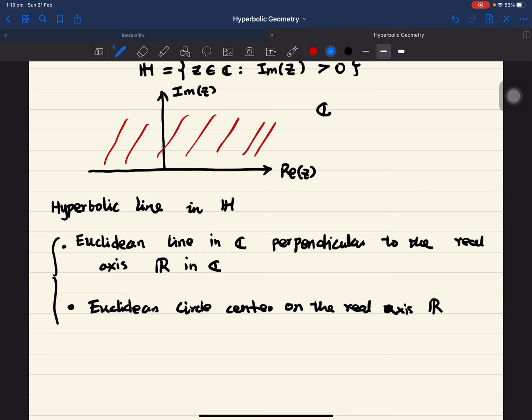And of course, this is all the intersection in H. And so that's the second bit.